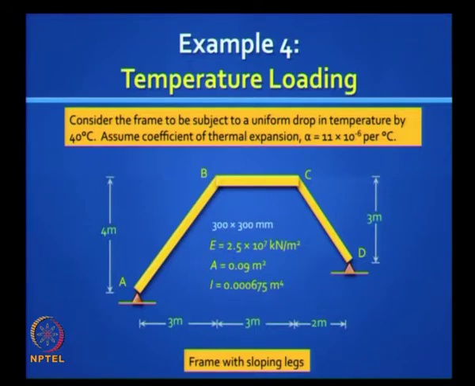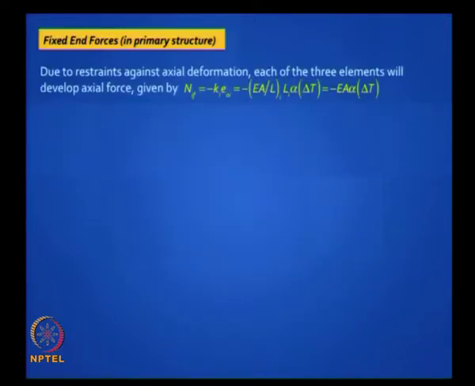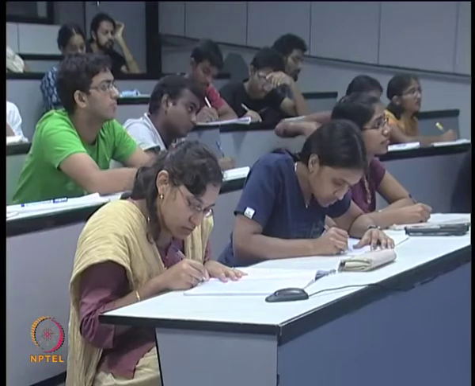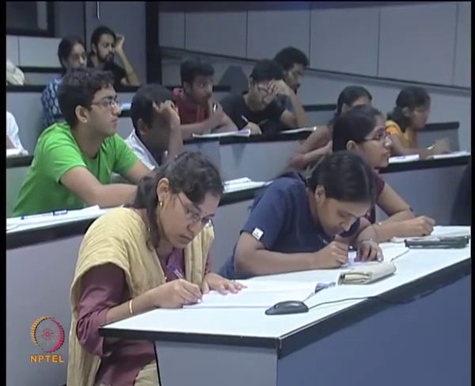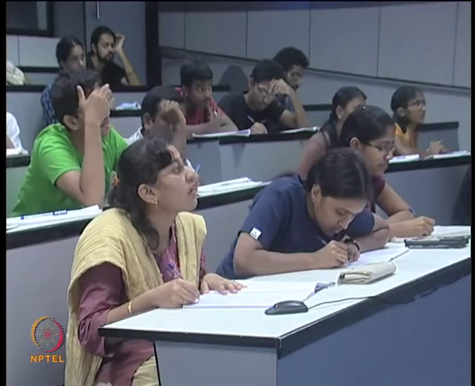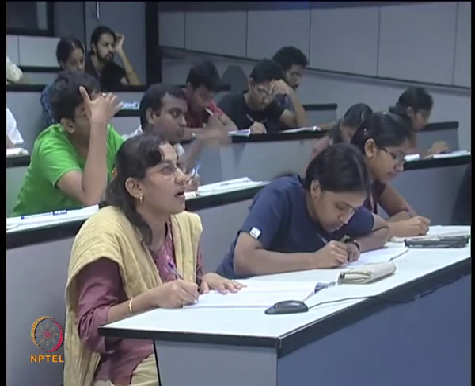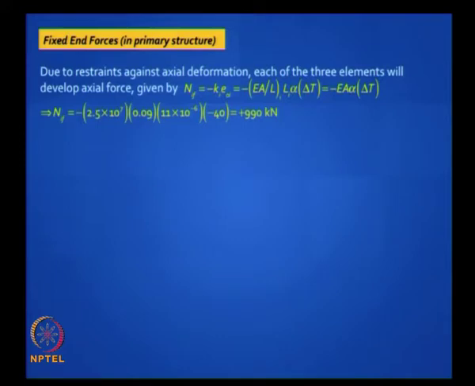So with E, A and L, can you work out what that force is? E, A, alpha, delta T is minus 40 degrees Celsius, you get a huge value, right? 990. That is not a small value, it is a huge axial force.